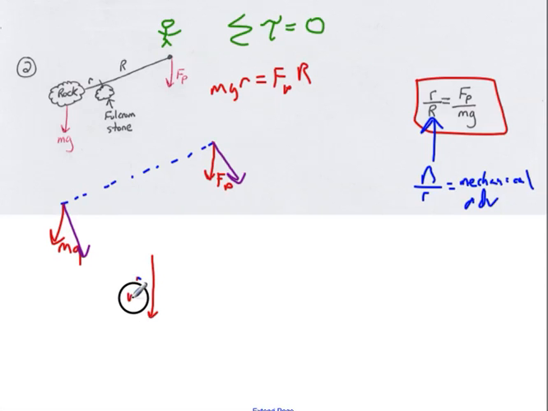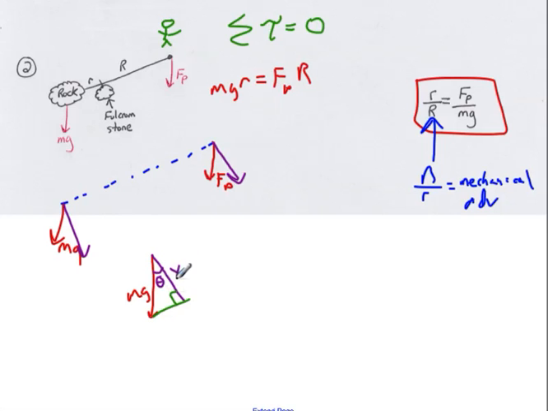So there's mg. And then we have this guy going perpendicular to the lever arm axis. So it's over there. And then this guy is like that. So there's the right angle. And we were investigating this theta up here, because that's the true theta away.